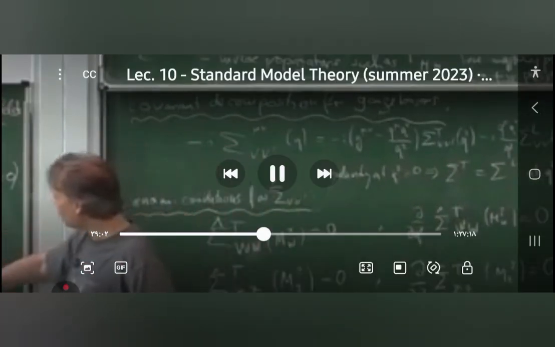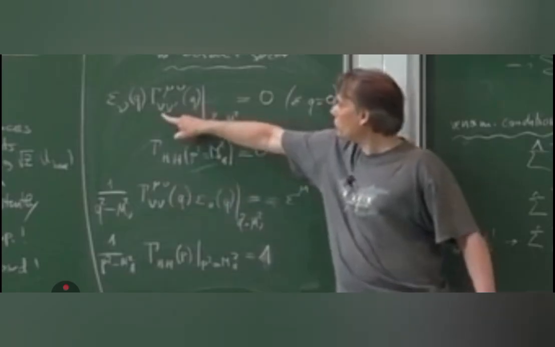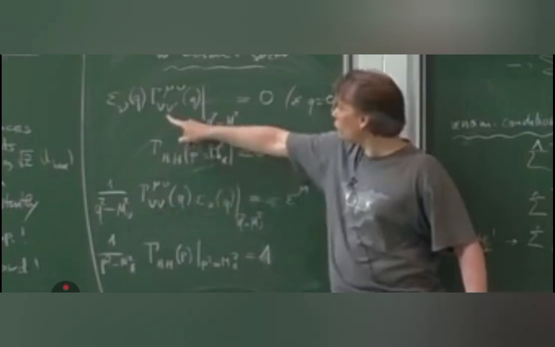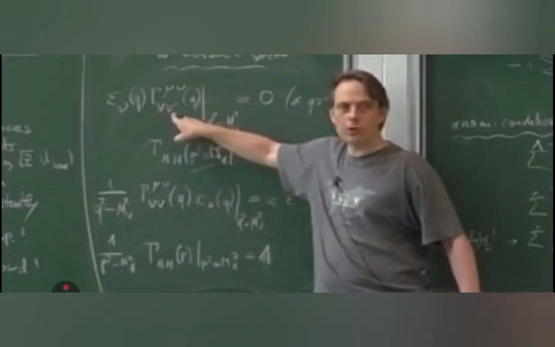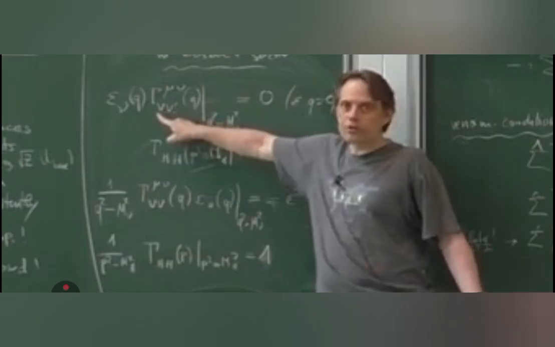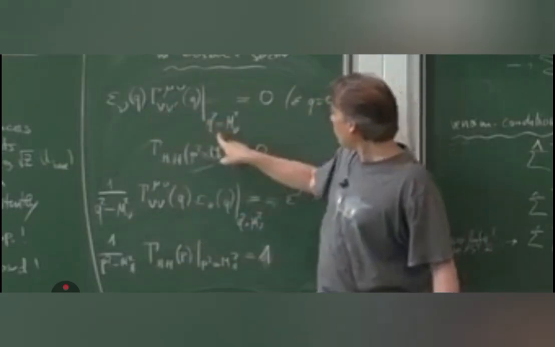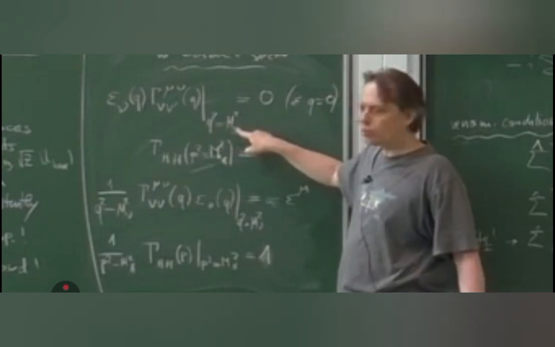Then let us look at the off-diagonal elements. We have now dealt with all diagonal elements, VV, WW, ZZ, AA. And then there are off-diagonal conditions, namely the photon Z mixing. So there are two conditions, either with the photon mass, which is 0, or the Z mass.